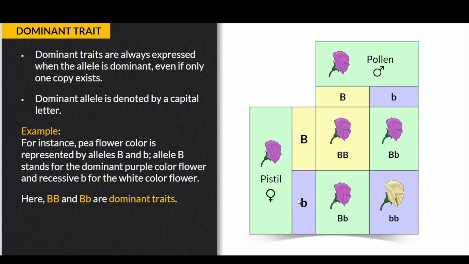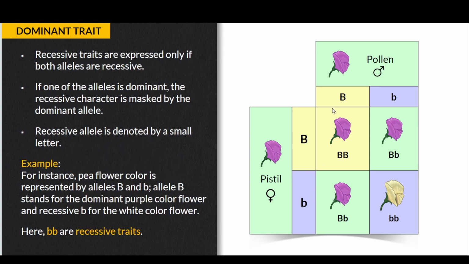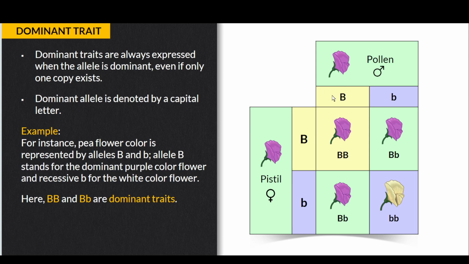When we cross these two, we get BB, which is purple. Capital B, small b is again purple because capital B is dominant over small b. Again, we cross this capital B with this small b, we get Bb.